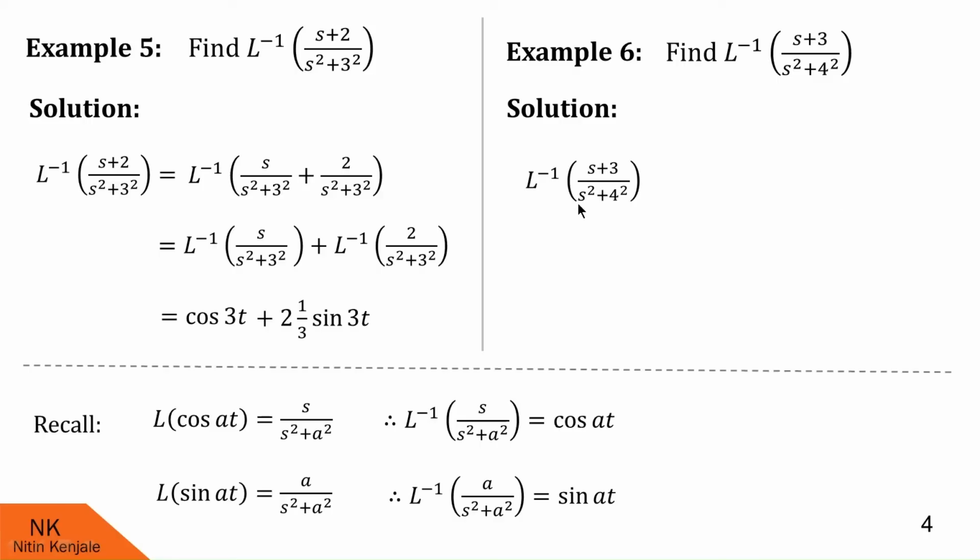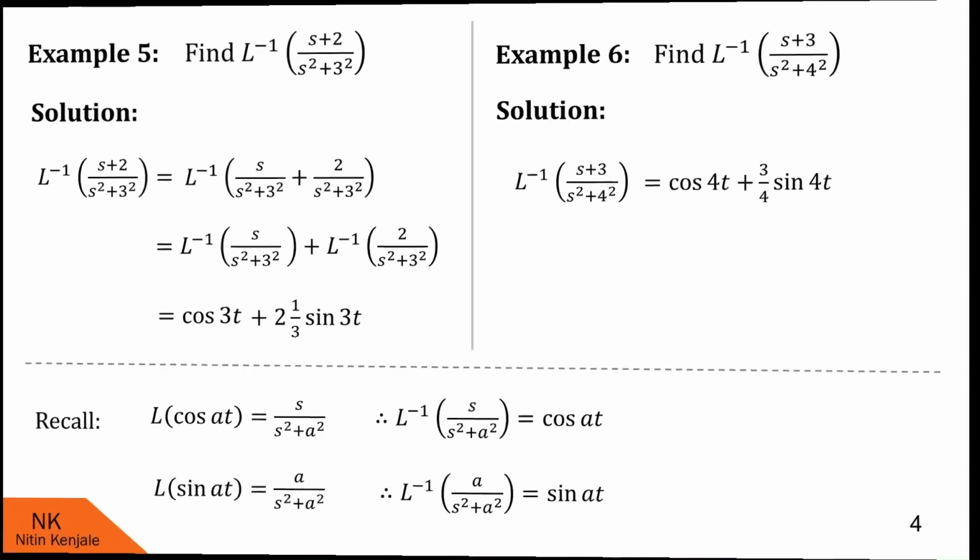L inverse of s upon s square plus 4 square is cos 4t, and L inverse of 3 upon s square plus 4 square can be found by multiplying and dividing this function by 4. So outside you will have 3 by 4 and inside you will have L inverse of 4 upon s square plus 4 square, which is sine 4t. I hope you understood this answer as well.